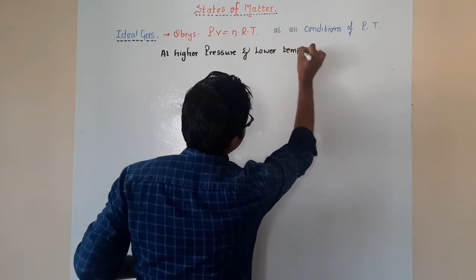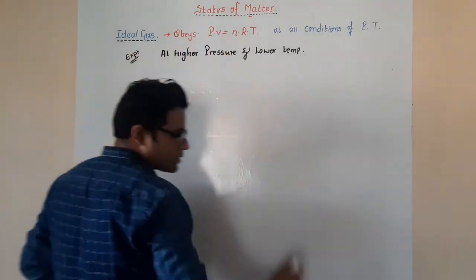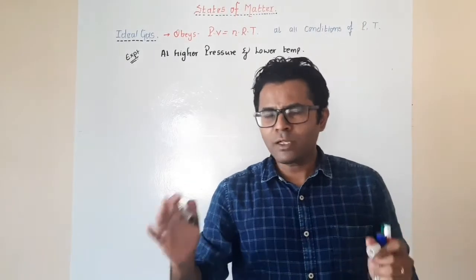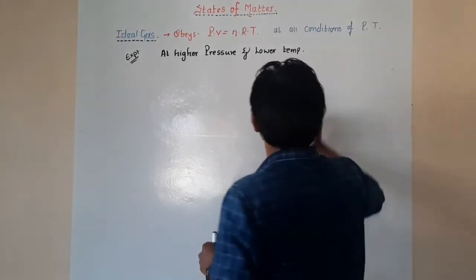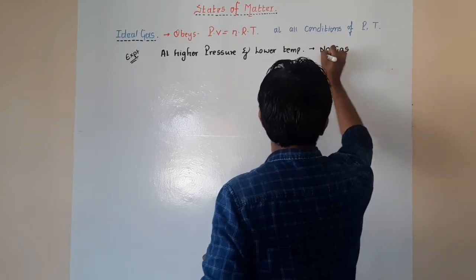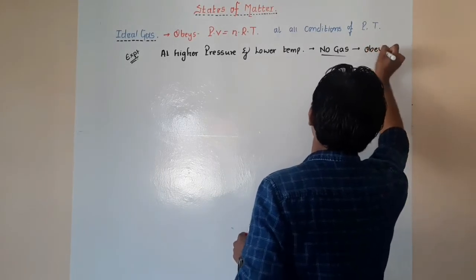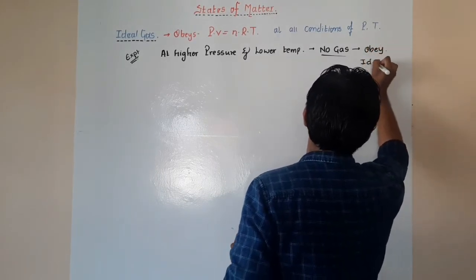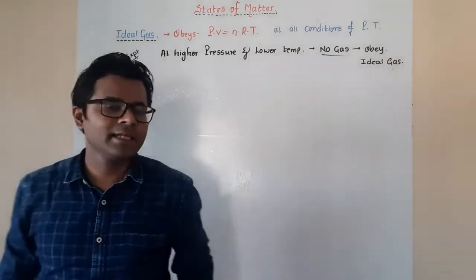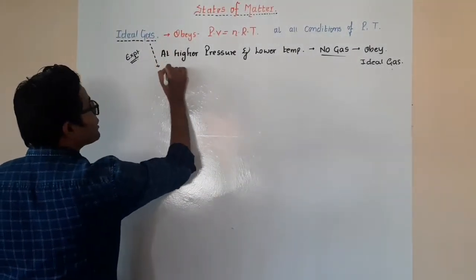When this experiment was performed at this condition, that is higher pressure and lower temperatures, what they found out was that there was not a single gas, no gas that follows or obeys the ideal gas equation. Due to this condition, we can say that an ideal gas is nothing more than just a theoretical concept.